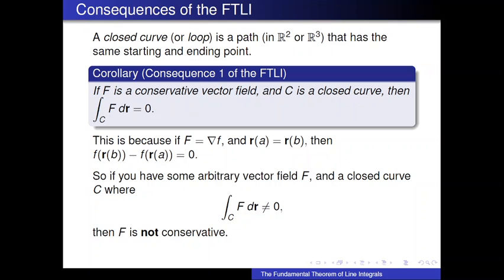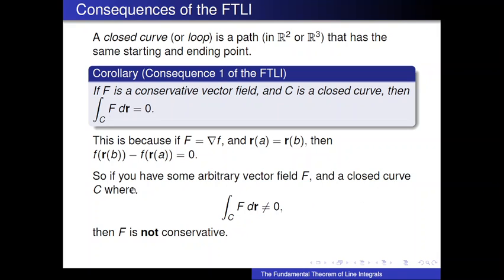Okay. And so if you have some arbitrary vector field, this is the more important consequence of this. If you have some arbitrary vector field, big F, that maybe you don't know if it's conservative or not, and if you have some closed curve of the plane or of space, wherever the vector field lives, and the line integral of that vector field over that curve is not 0, then the vector field you started with is not conservative, right?